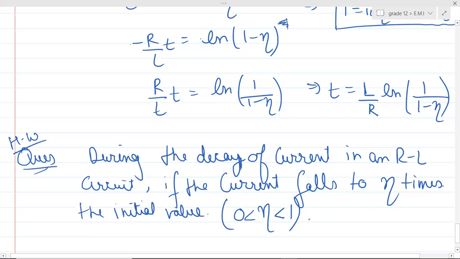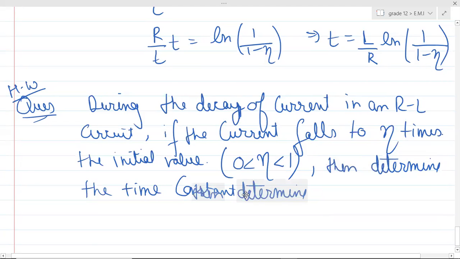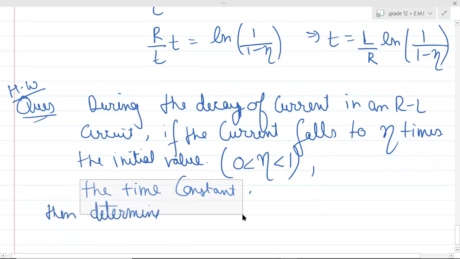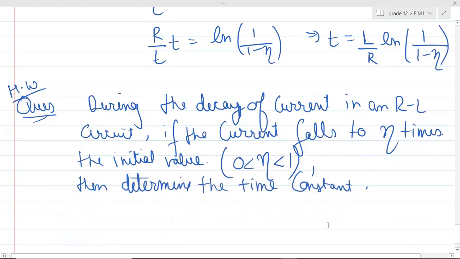So basically you will use... Okay, so it is falling in time t.